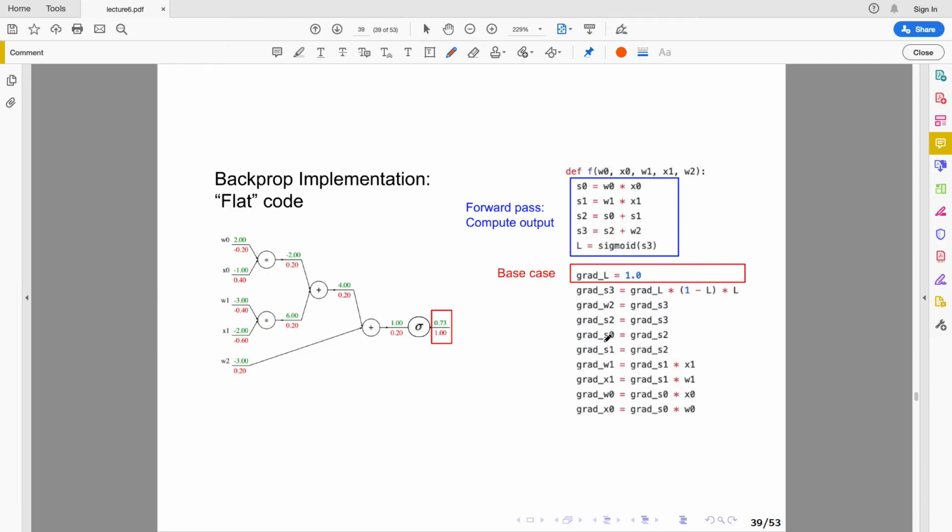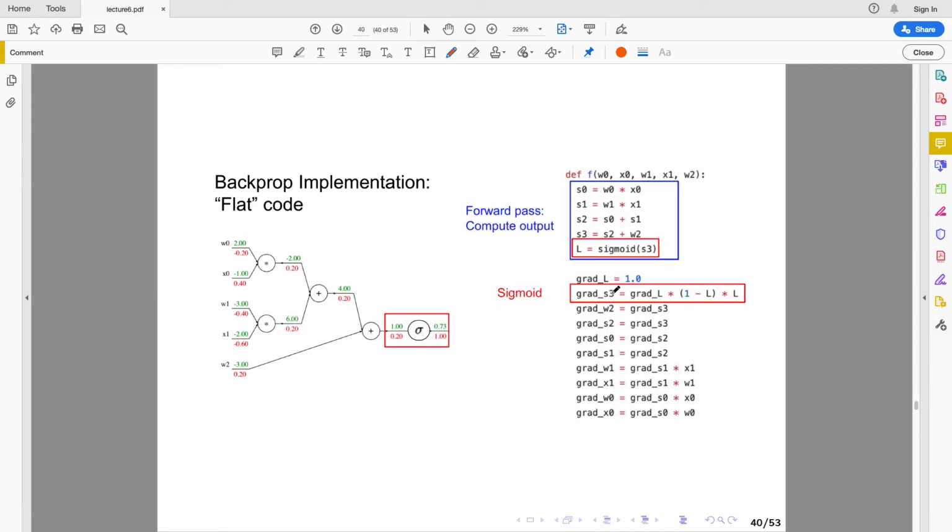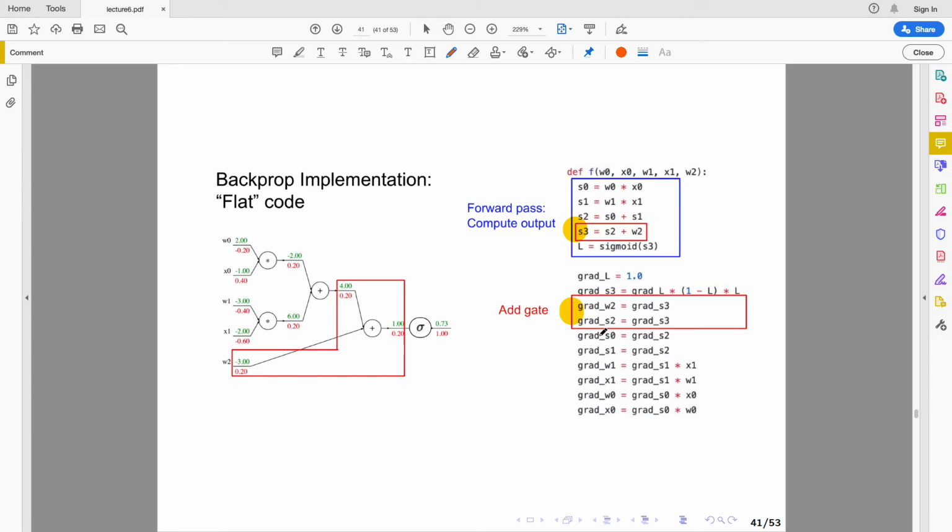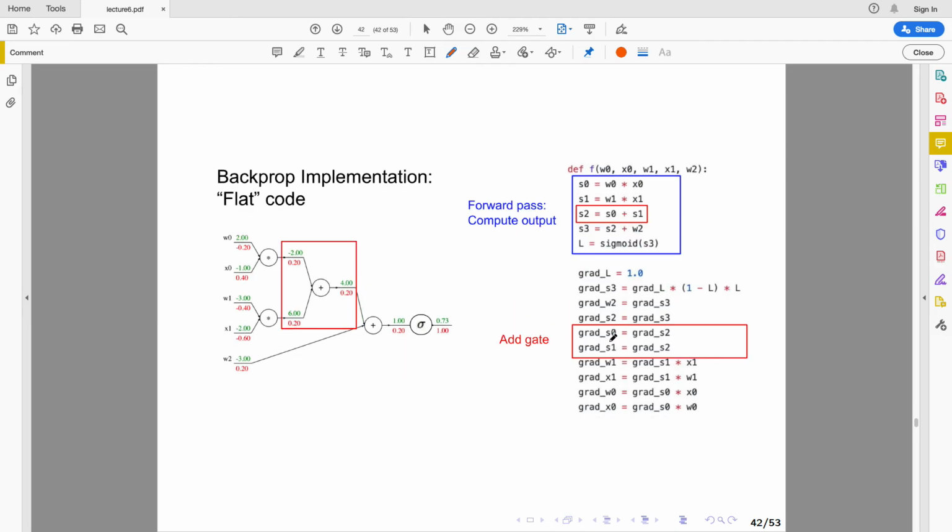Okay, this is the base, and you can see how this is. You have the sigmoid of S3, so this does the sigmoid of S3. Then this actually corresponds to this. This does that, and this corresponds to this part.